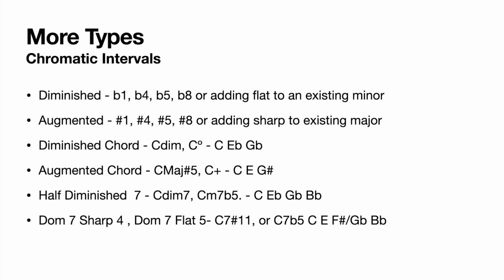So a diminished interval is a flat 1, flat 4, flat 5, flat octave, or adding a flat to an existing minor interval. Augmented is when I raise the pitch on the unison, so it's a sharp 1, sharp 4, sharp 5, sharp octave, or adding a sharp to an existing major interval.